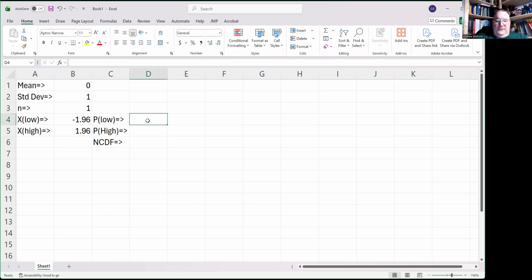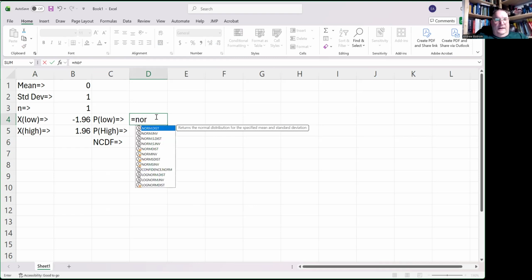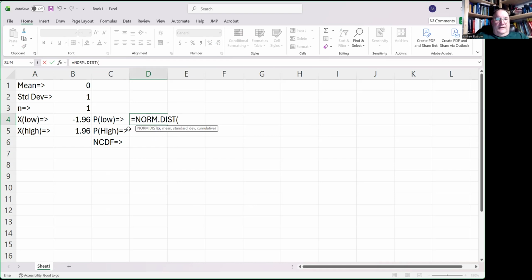So P low, we can do equal to, and then you can see here, normal distribution. So the x value we want is going to be low. The mean is what we want there.